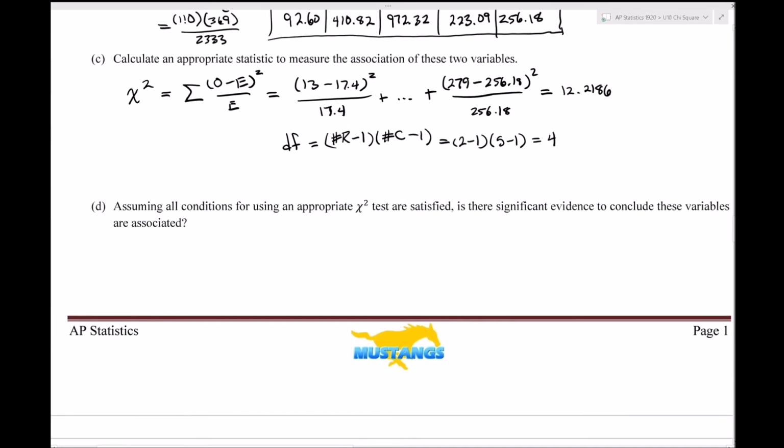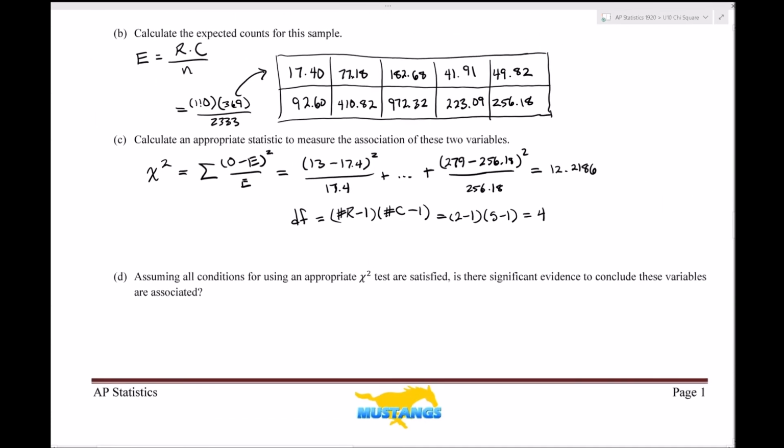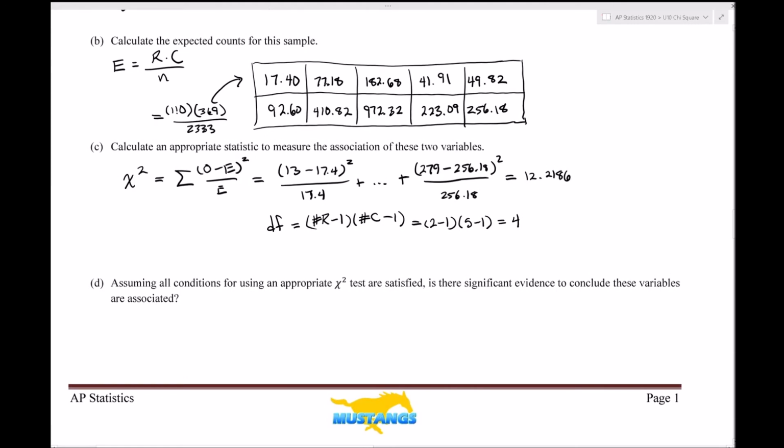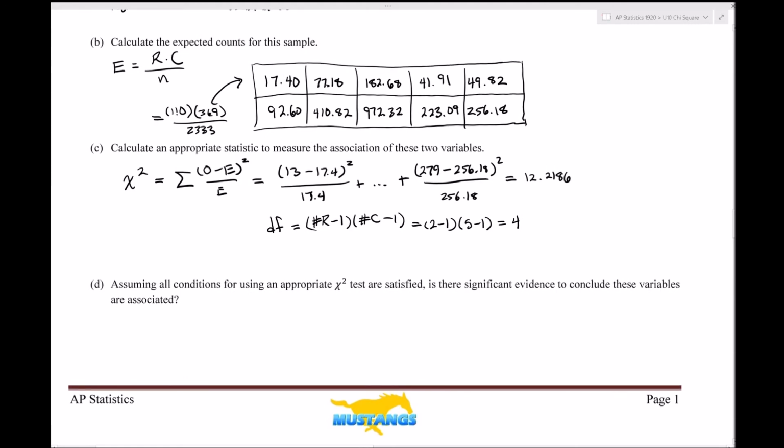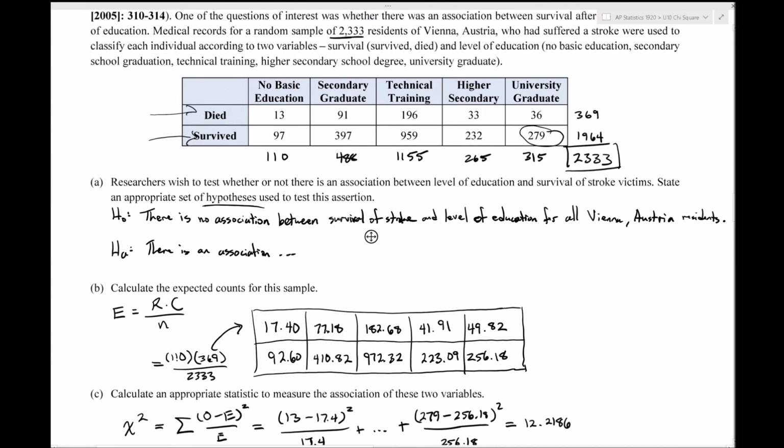Now I've seen it on AP exams where they don't actually ask you to run a full test. They combine multiple concepts. So maybe they'll give you data like this, and one thing that they'll ask you to do is to give an appropriate graph for showing how these two variables are related. In other words, how the level of education is distributed across each survival category.